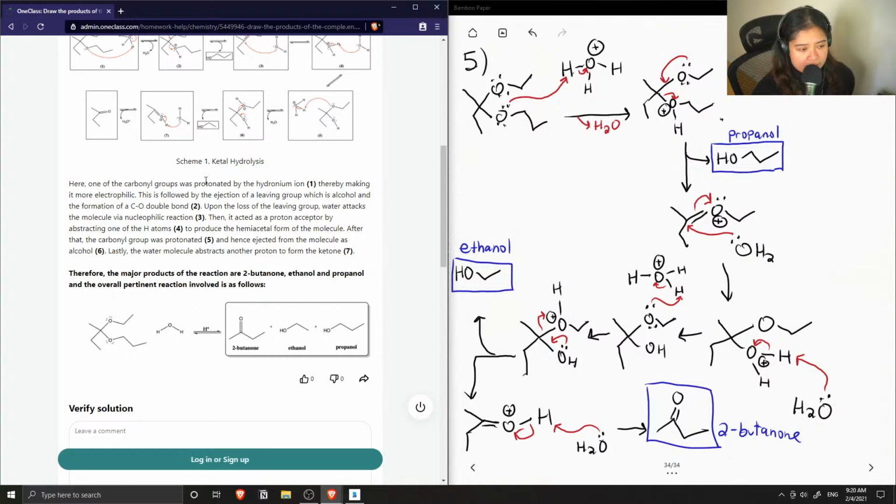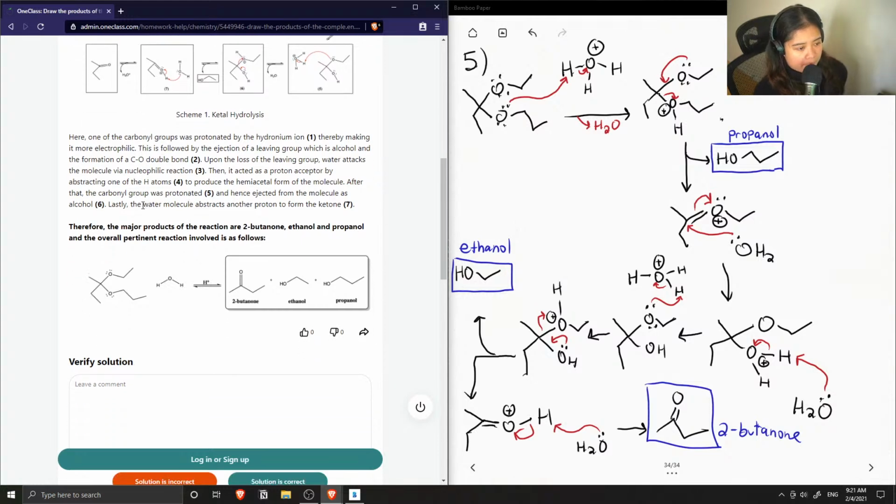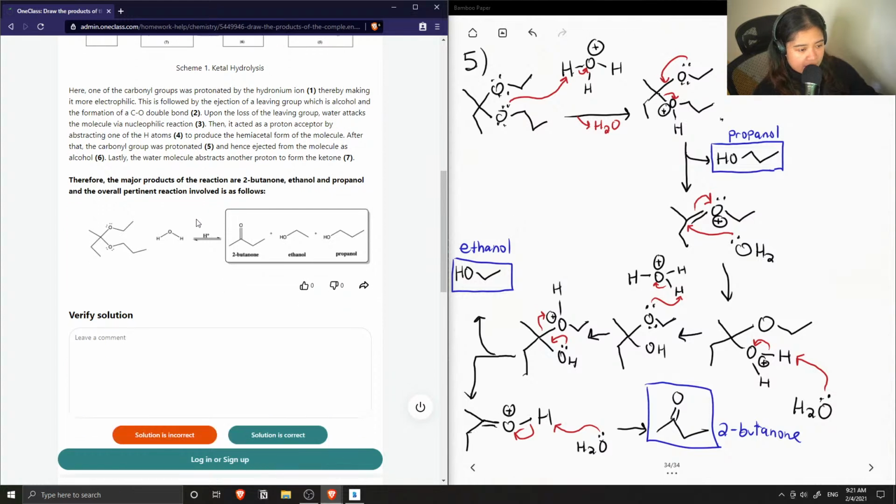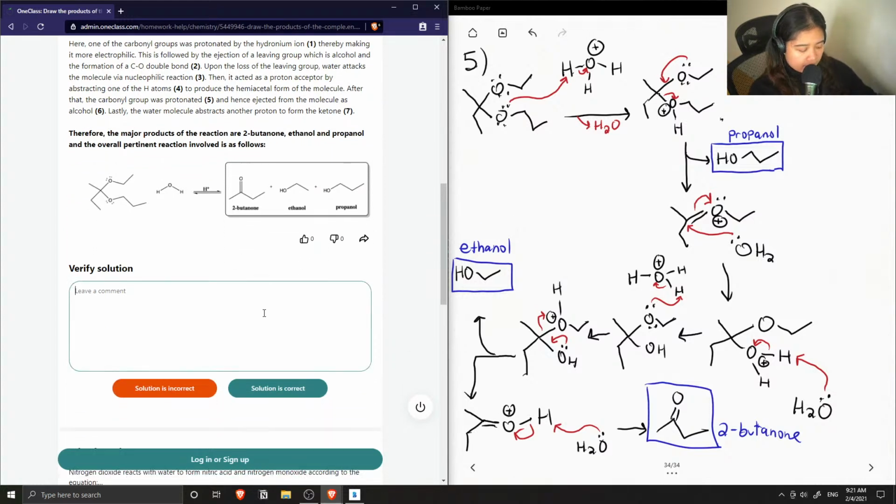Then it acted as a proton acceptor by abstracting one of the hydrogen atoms to produce the hemiacetal form of the molecule. After that, the carbonyl group was protonated and hence ejected from the molecule as alcohol. Lastly, the water molecule abstracts another proton to form the ketone. Okay, so they summed up all the products. So this solution is correct.